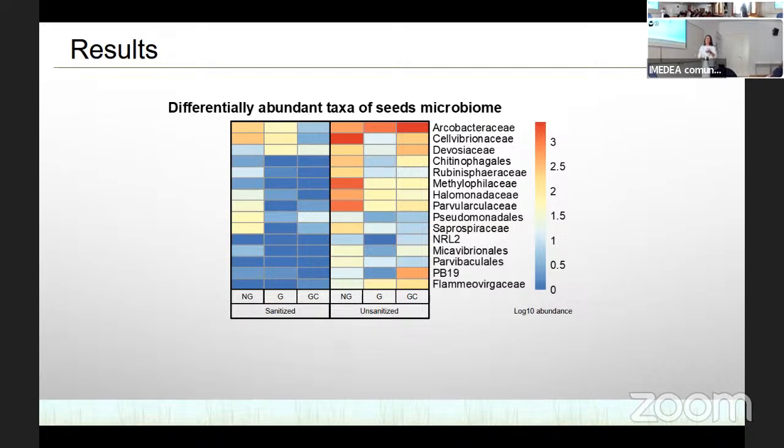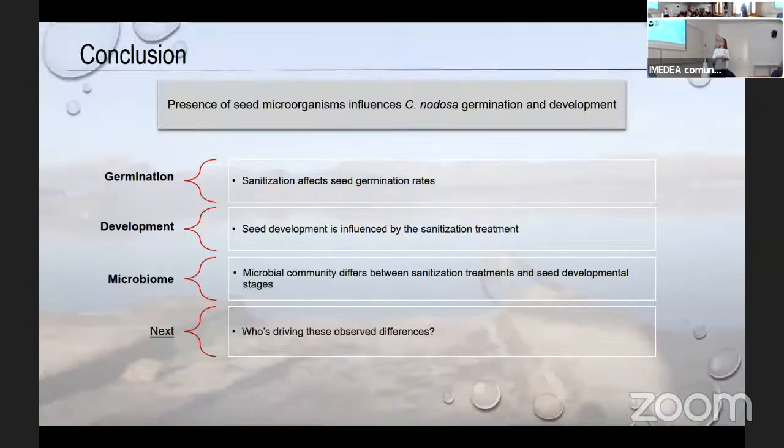I can't go so deep with this figure because I didn't have the time to check deeply who the driver is or the mechanism that this taxa is using, but we can see some differences in the abundance. And also here we have some nitrogen fixers and symbionts that can promote growth hormones or something like this. So I hope that we will do a little more study about that.